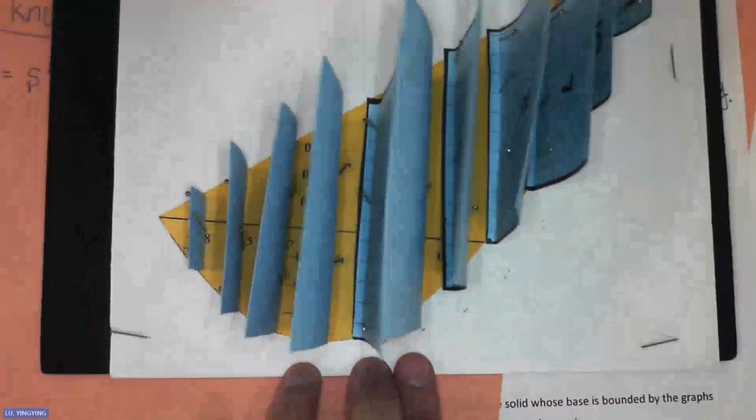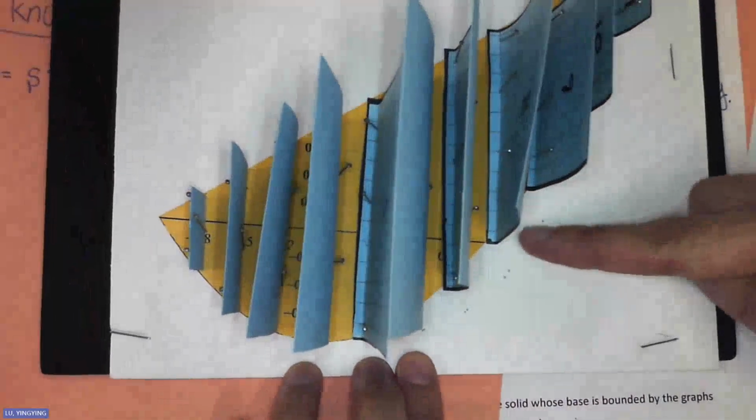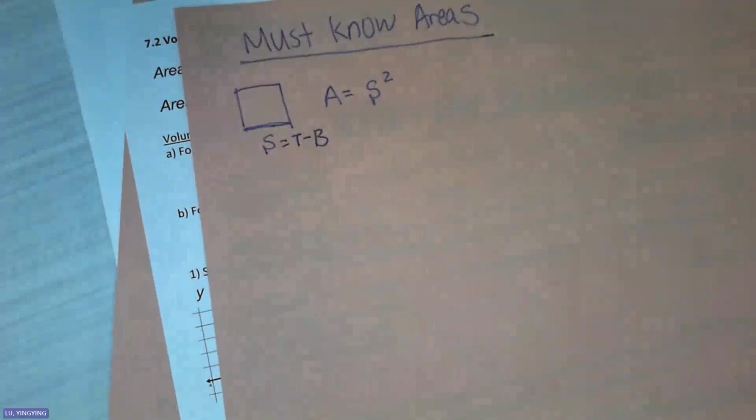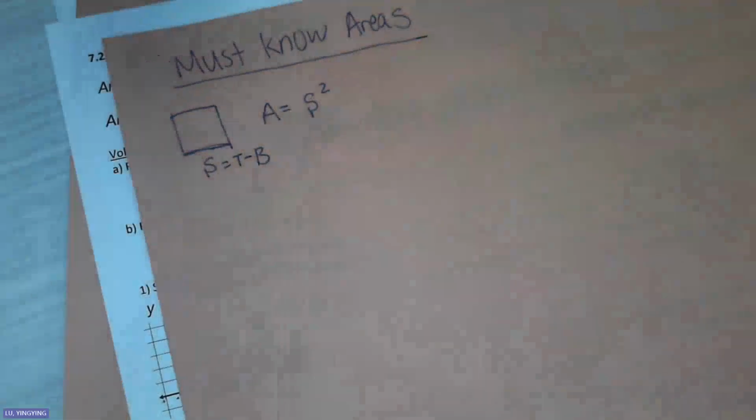From the integral from here to here. So still top minus bottom is your s in this case. So I'm going to put t minus b here. Or if it's a horizontal slice, it'll be your right minus left, whatever the right curve and the left curve are. So that again is across the board for the whole unit. All right, so that's the first thing you need to know.